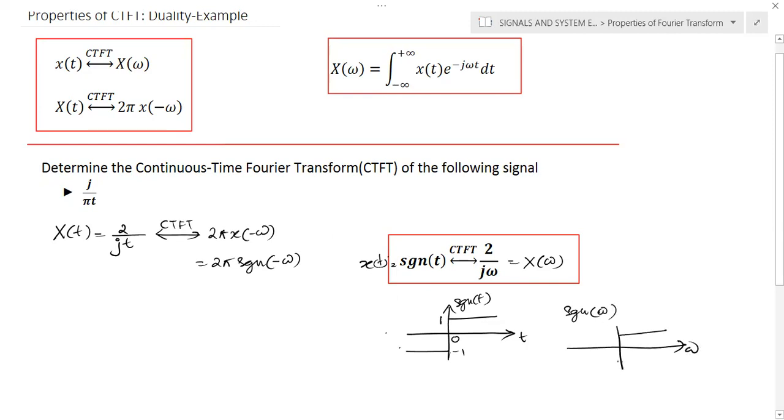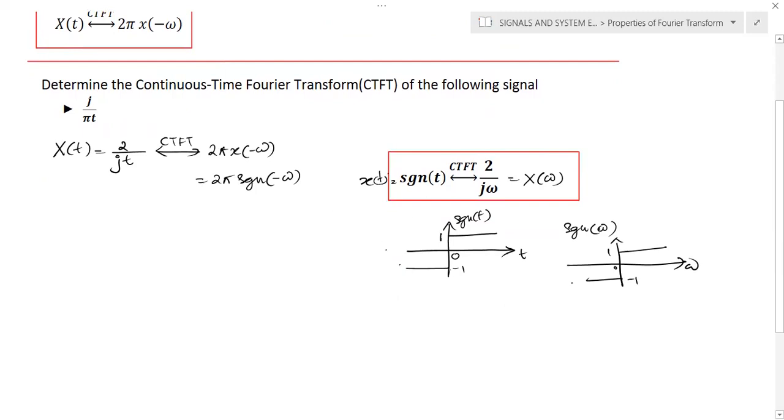The shape is almost similar to the time domain signal, 1 and -1 here. And if it is signum of minus omega, it means a time reversed signal. It will be like this: 1, and here it is -1. So this is signum of minus omega, and this is an odd signal.